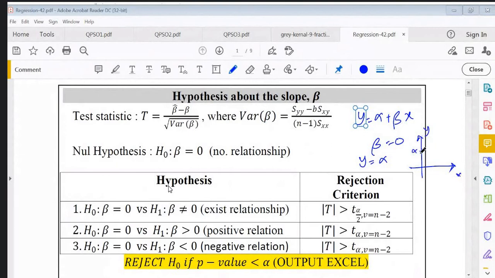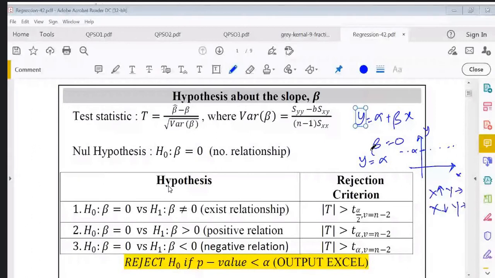When x increases, y is still maintained, no change. When x decreases, y still stays the same, equal to alpha. Does this mean x and y are correlated? No, there is no relationship between x and y.